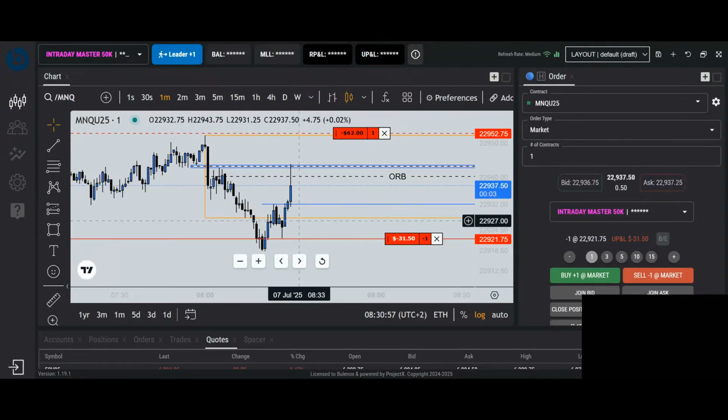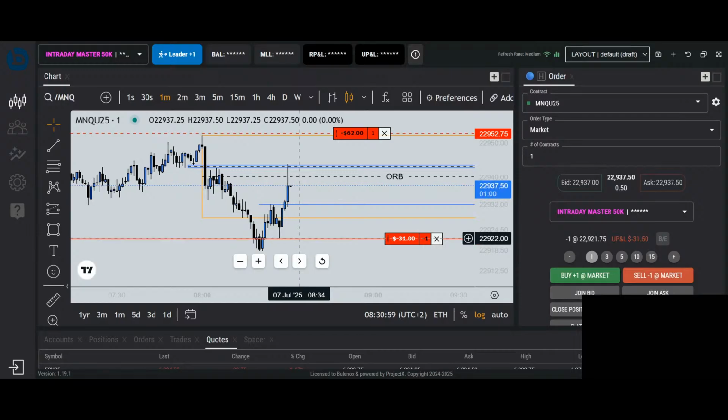If we go back under here and we tap under our level, I will enter the full position, then I know for sure that we go down.